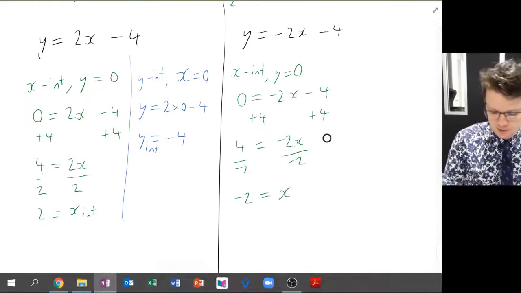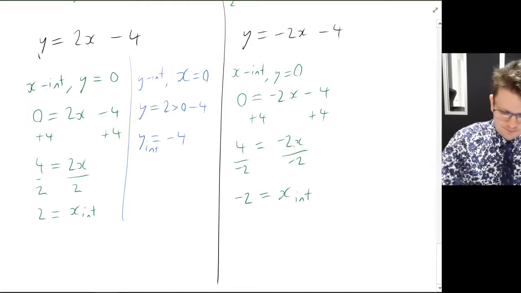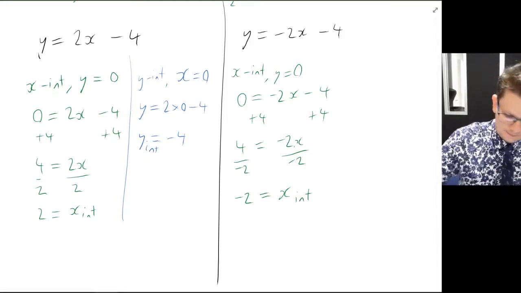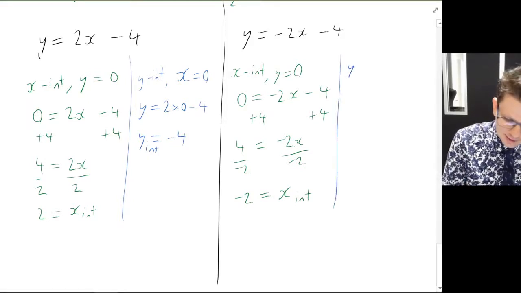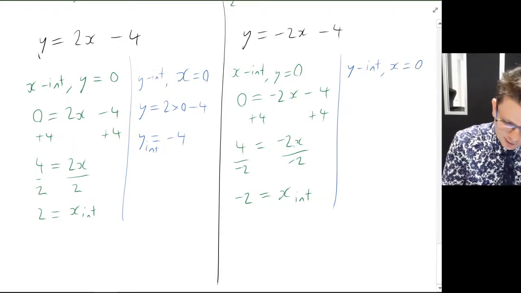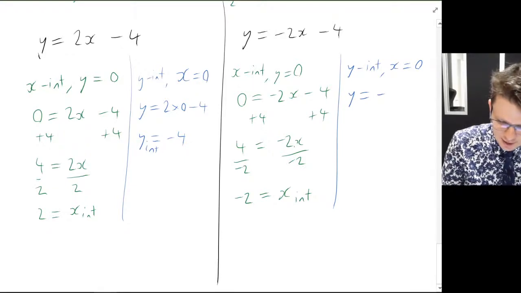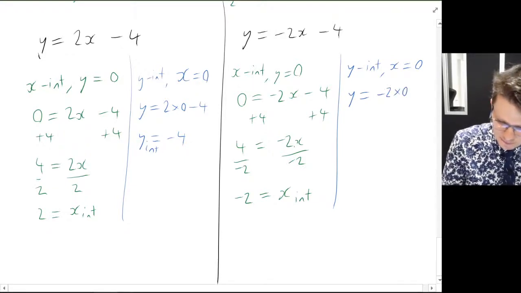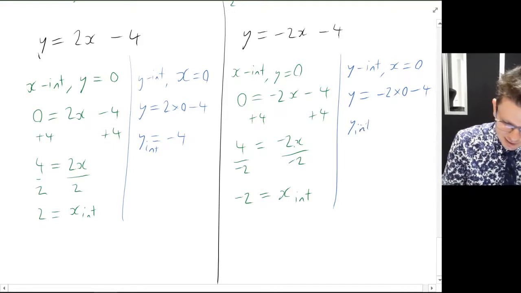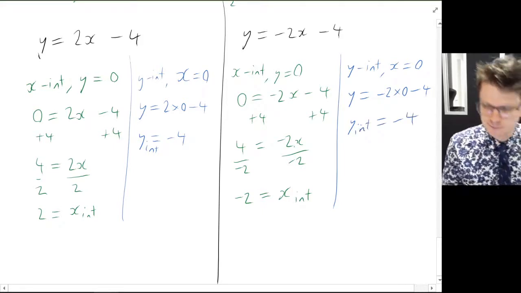And that must be my x-intercept. For my y-intercept, x must be 0. And in this case, we're going to get y is equal to minus 2 times 0, take 4, which means that the y-intercept is going to be minus 4.